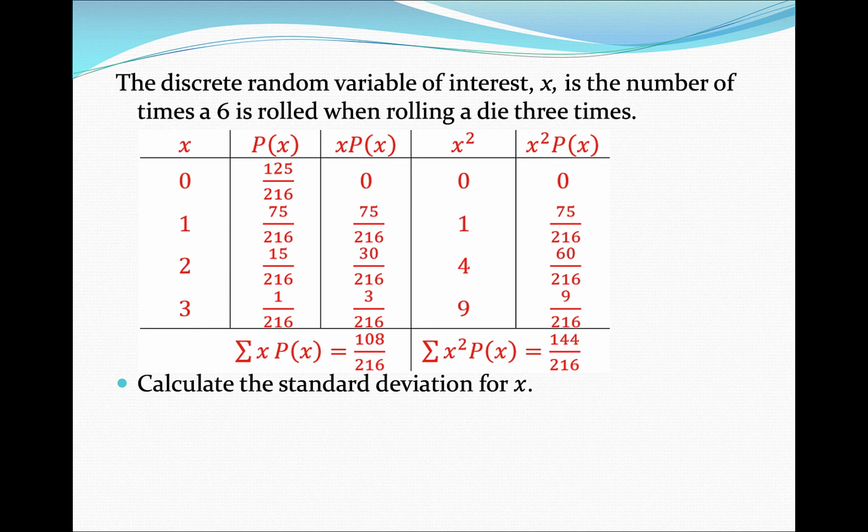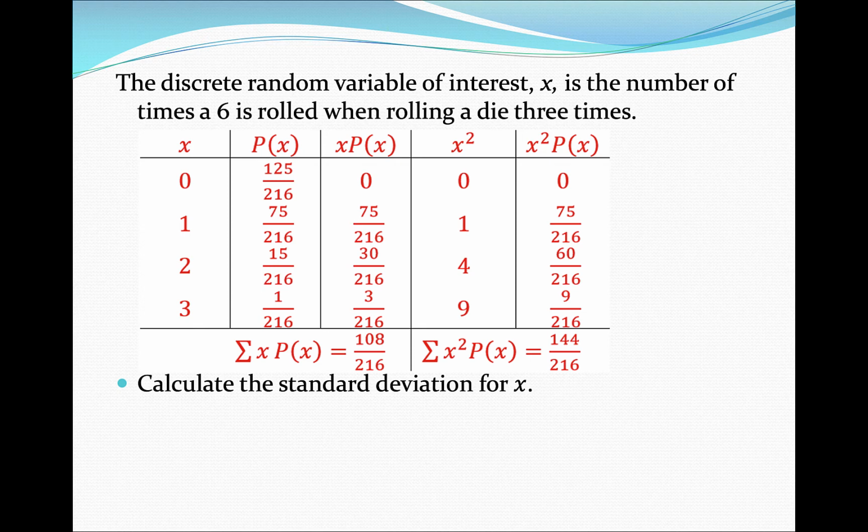So you're taking 0 times 125 over 216, which is 0. You're taking 1 times 75 over 216, which is 75 over 216. You're taking 4 times 15 over 216. So make sure you get that right column. Make sure you get the p of x. You can see the probability for 2 is 15 over 216. So you multiply that by 4, you get 60 over 216.